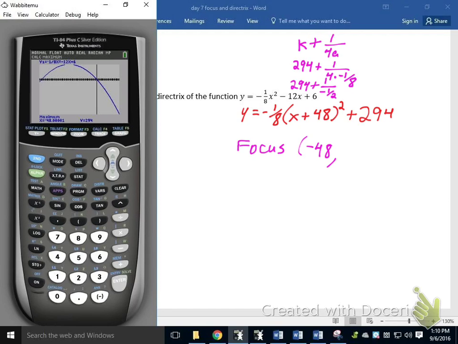And if I do 1 divided by -1/2, well, remember, you can multiply by the reciprocal, so that's -2. So I have 294 plus -2, so my y value is 292. It's actually below the parabola over here.